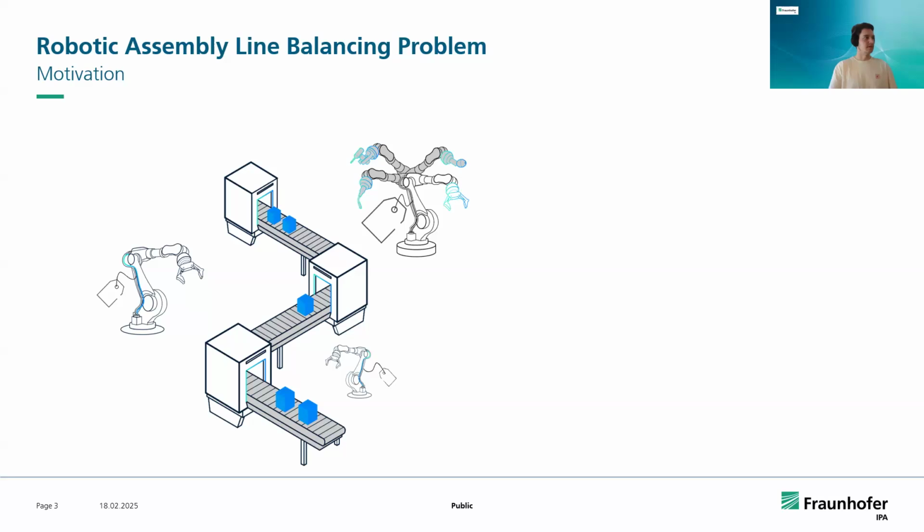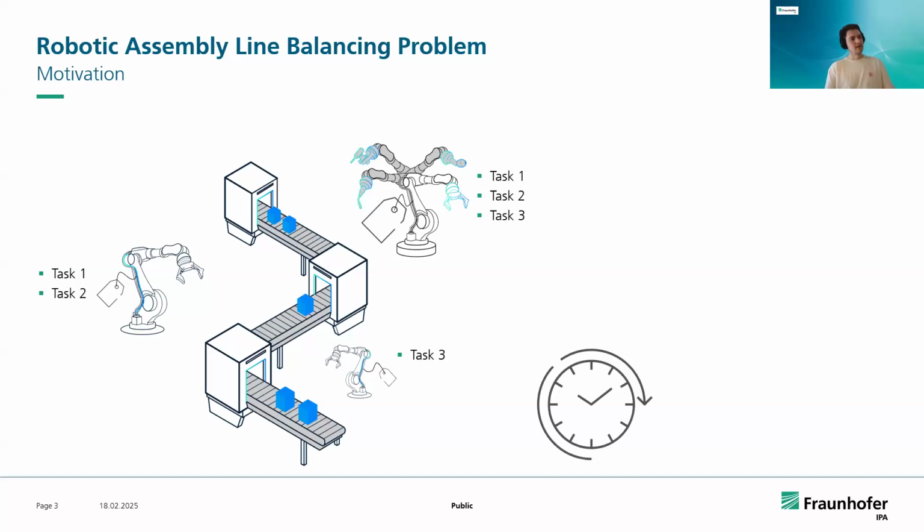They all come at a different price point. Some are cheaper, some are more expensive. They all have certain capabilities of which tasks they can fulfill, and they also have different processing times for these tasks. There's an overall cycle time that has to be met. So like the time interval in which one of the products has to be finished and leave the assembly line.